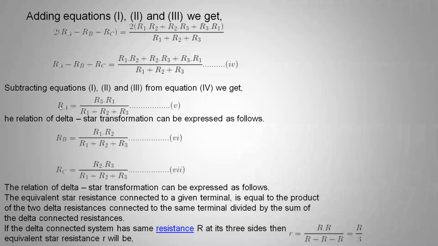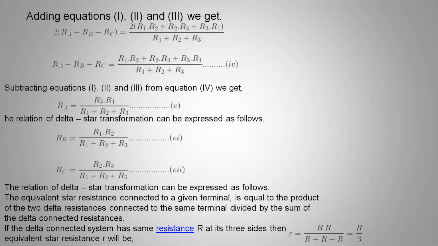RA is equal to R3 R1 by R1 plus R2 plus R3. Next, RB is R1 R2 by R1 plus R2 plus R3. RC is R2 R3 by R1 plus R2 plus R3. Clear?